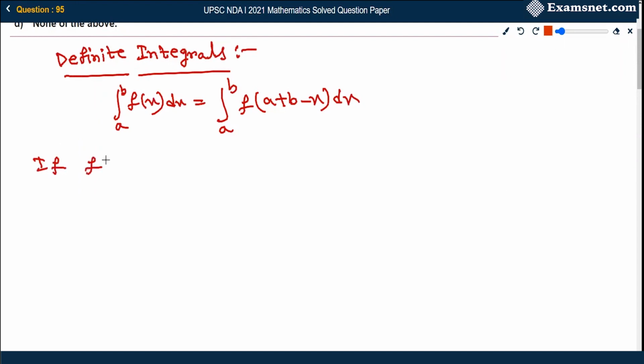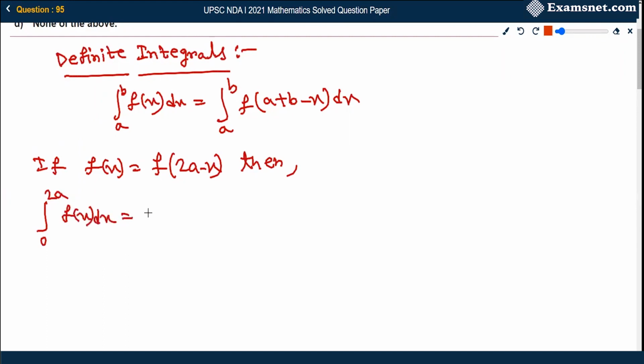Next, if f of x equals f of 2a minus x, then we can write the integral from 0 to 2a of f of x dx equals 2 multiplied by the integral from 0 to a of f of x dx.